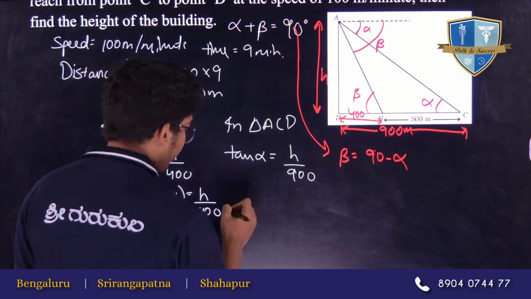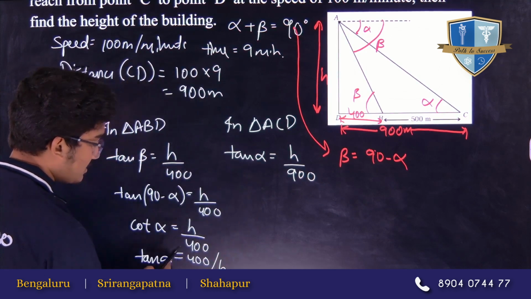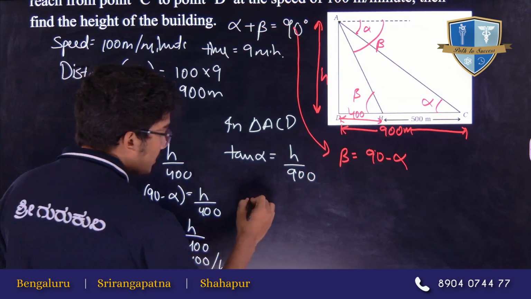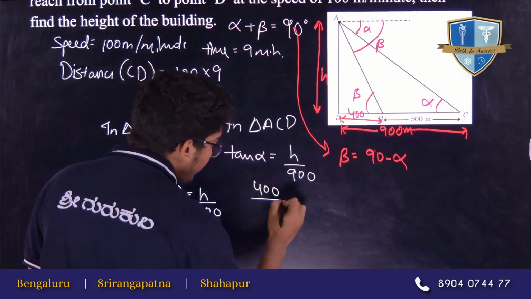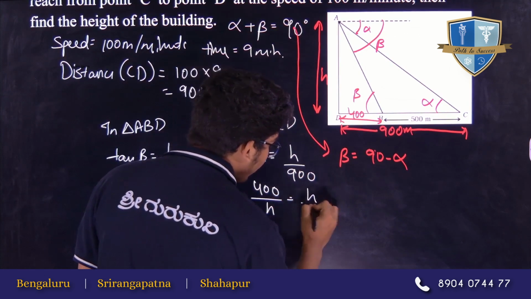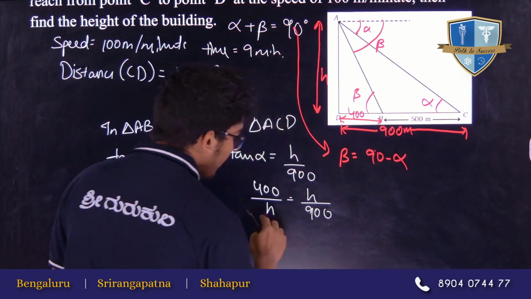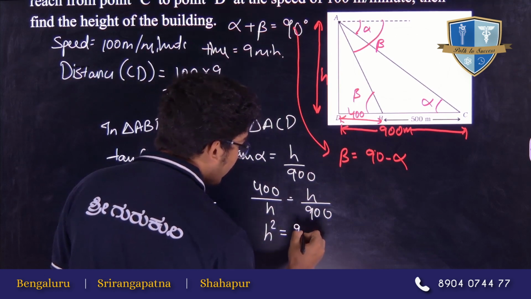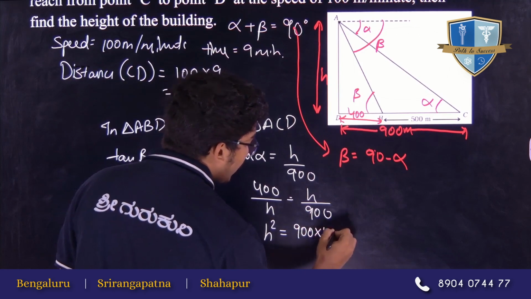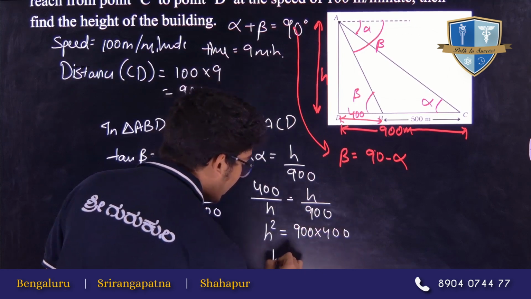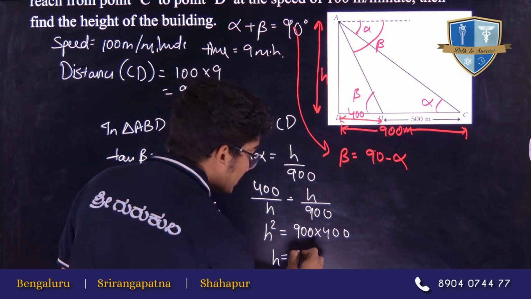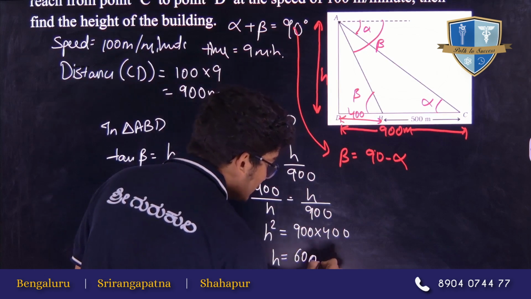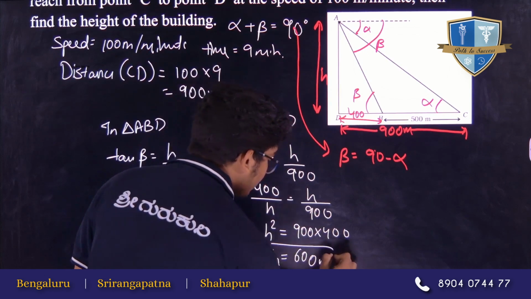So since tan alpha is 400 divided by h, we can replace it here. So 400 divided by h is equal to h divided by 900. So h square is equal to 900 into 400. From here when we calculate, we will get h equal to 600 meters.